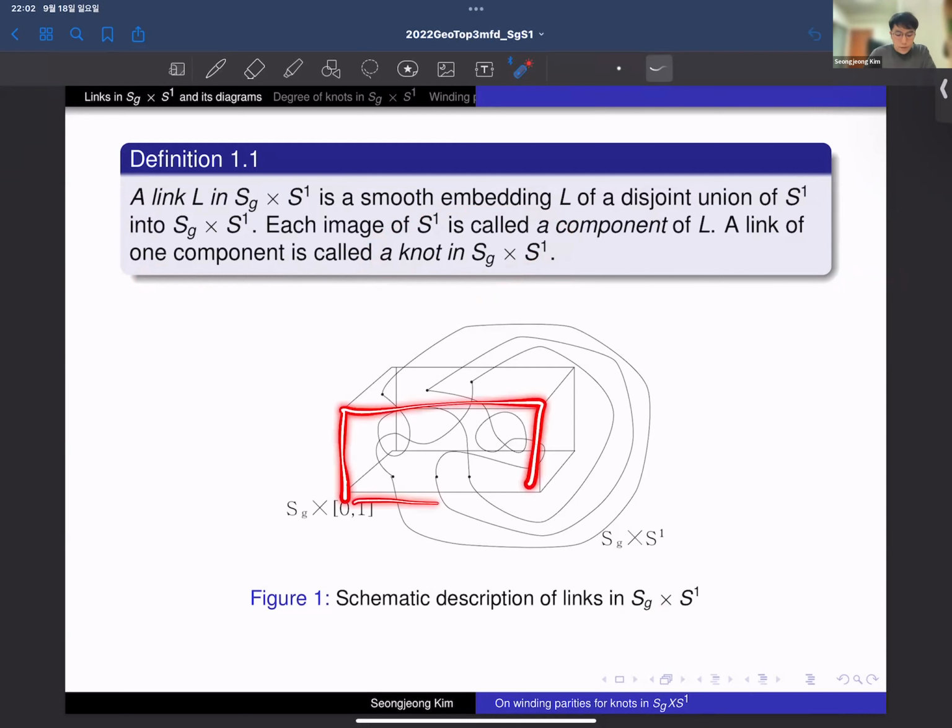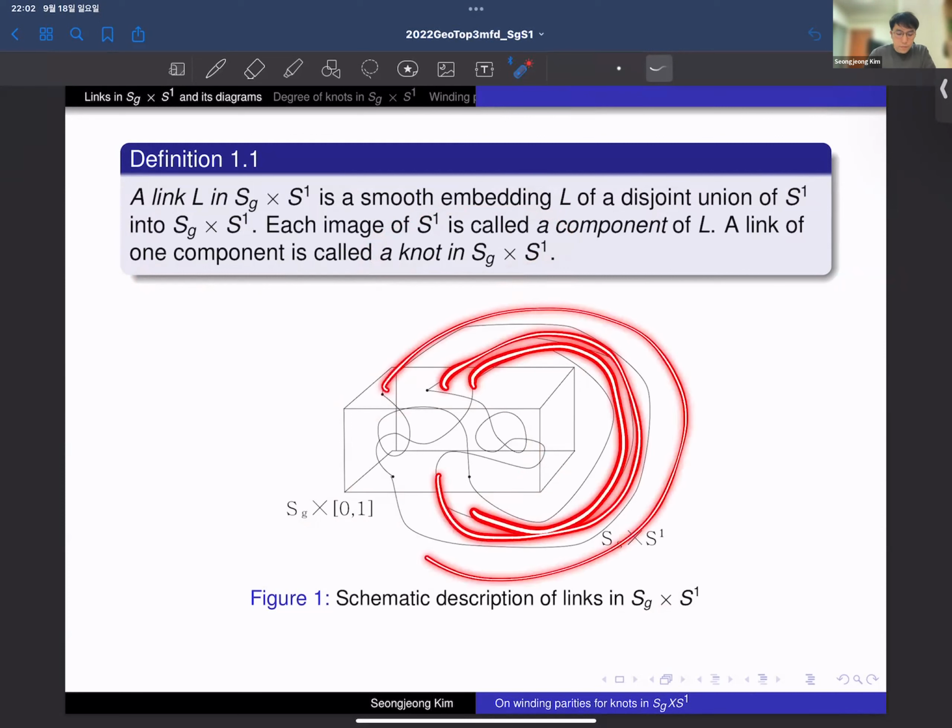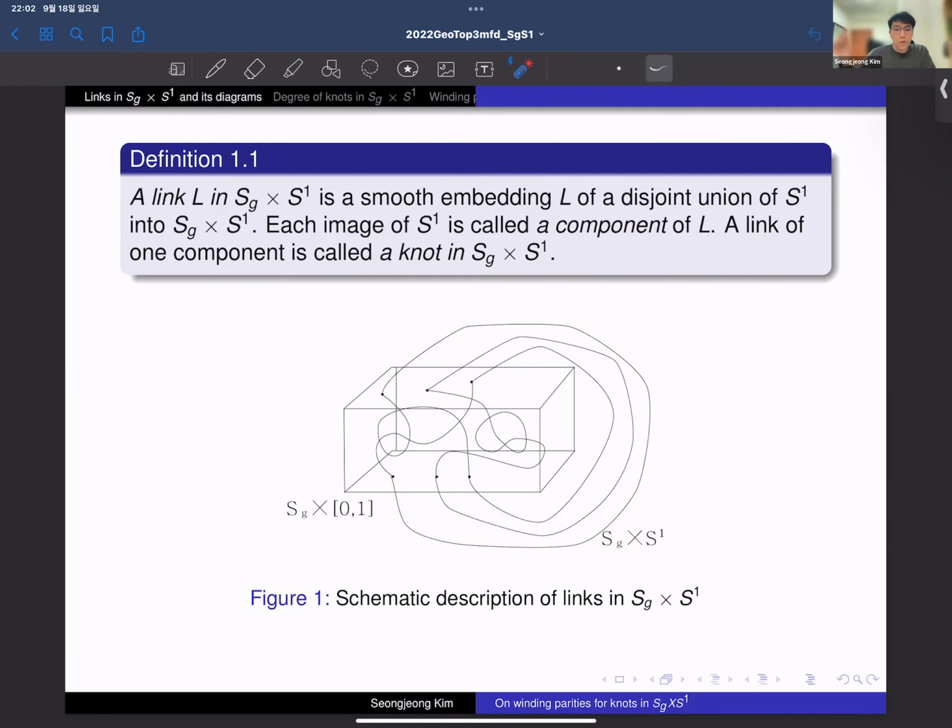Here, this cube means surface times the [0,1] interval, and by connecting the arcs outside of the cube, we describe that it is placed in surface times S1.